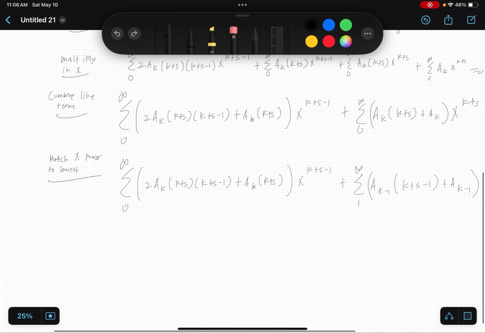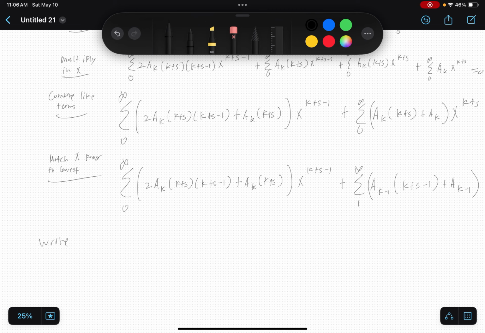So what we could do is write out the required sums.